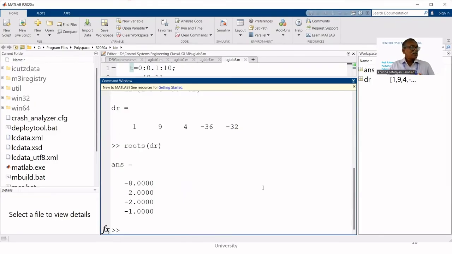Only one root on the right hand side. 3 roots on the left hand side. No poles on the j omega axis.